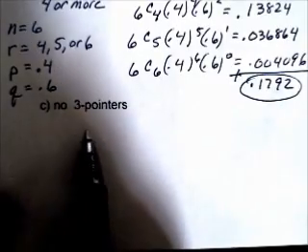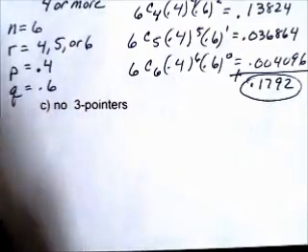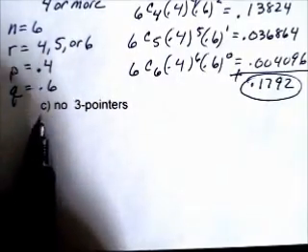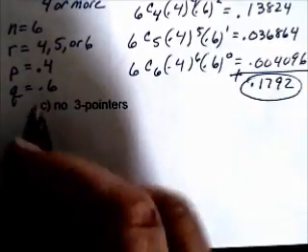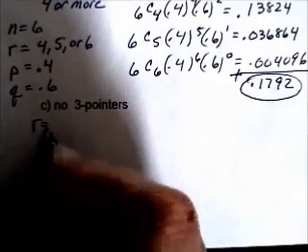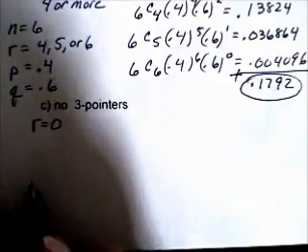C is asking for the probability that he makes no three-pointers. So it's not an at least or at most question, it's an exactly none. So in which case our r value is 0. You get 0 three-pointers.